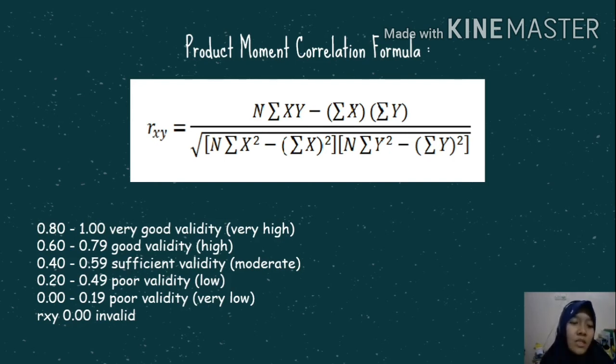And 0.4 to under 0.59 is sufficient validity, moderate. And 0.2 to under 0.39 is poor validity, or low. And the next, 0 to 0.19 is very poor validity, very low. And 0.0 is invalid.